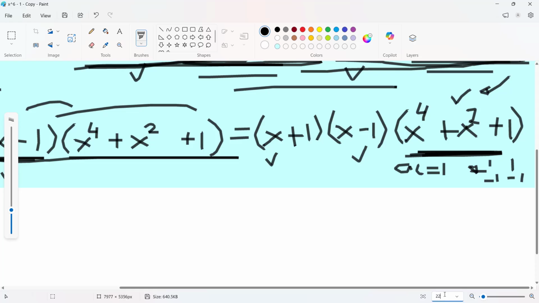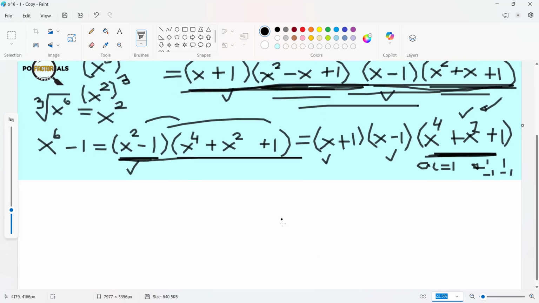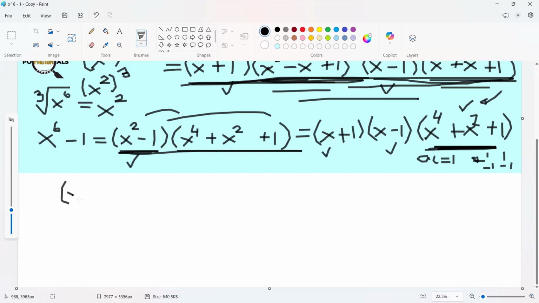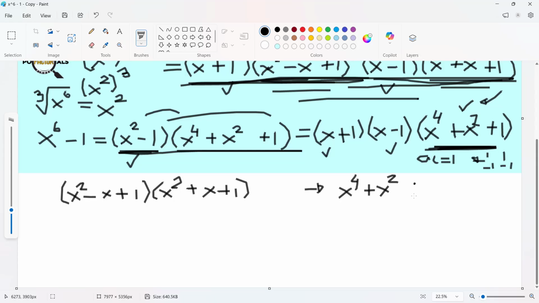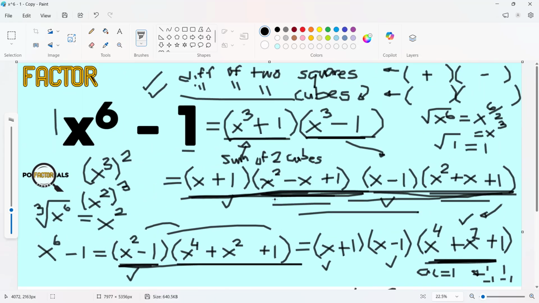So if I multiply x squared minus x plus 1 by x squared plus x plus 1, let us see if this will result in the trinomial expression from the second method, x to the power of 4 plus x squared plus 1. By the way, we are doing this so that you would appreciate the two methods, and it's now up to you which is easier for you.